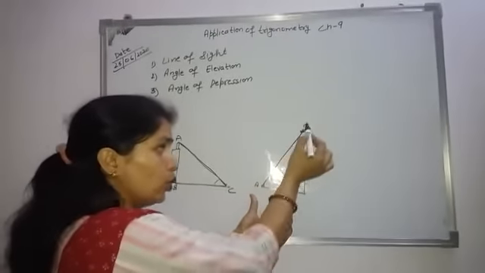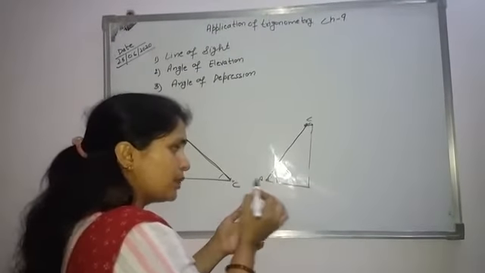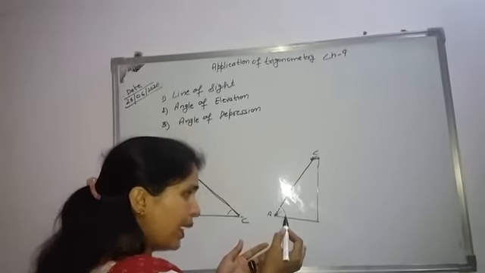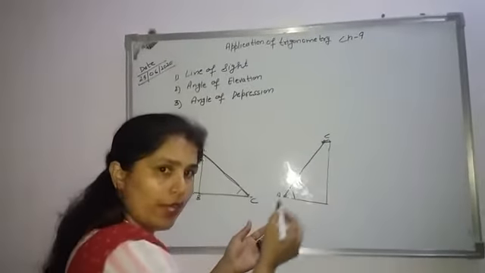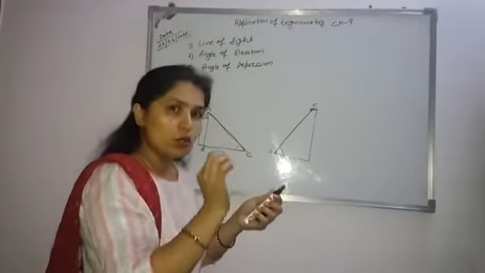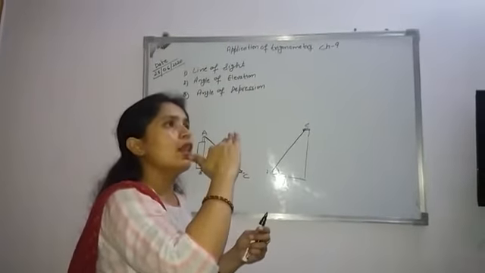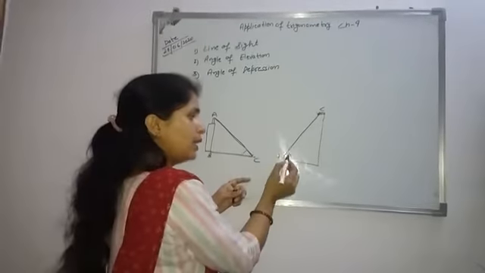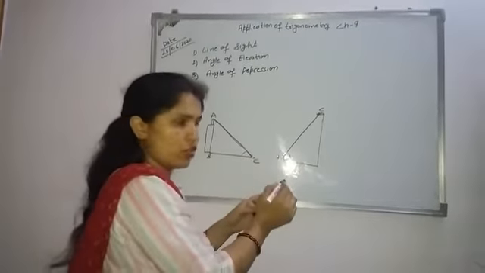So to look at this flag, 100%, there is some angle with the horizontal line. So this angle is the angle of elevation. It means to look at something when our head is up, then 100% there is some angle. So this angle is the angle of elevation. Okay.